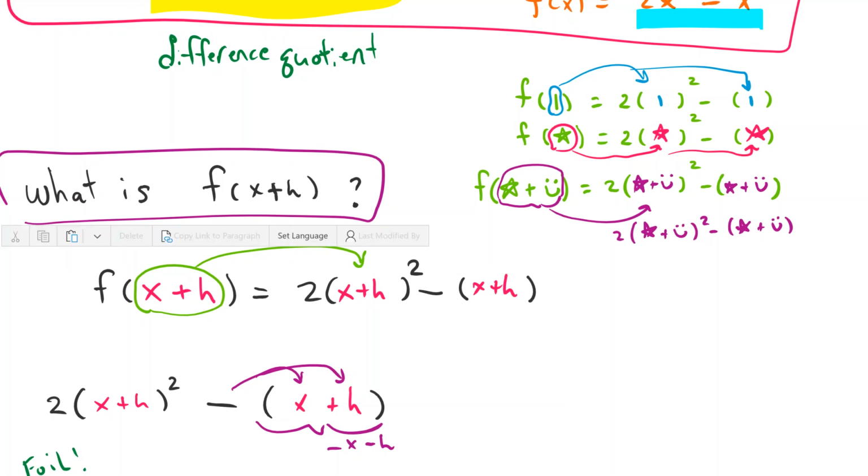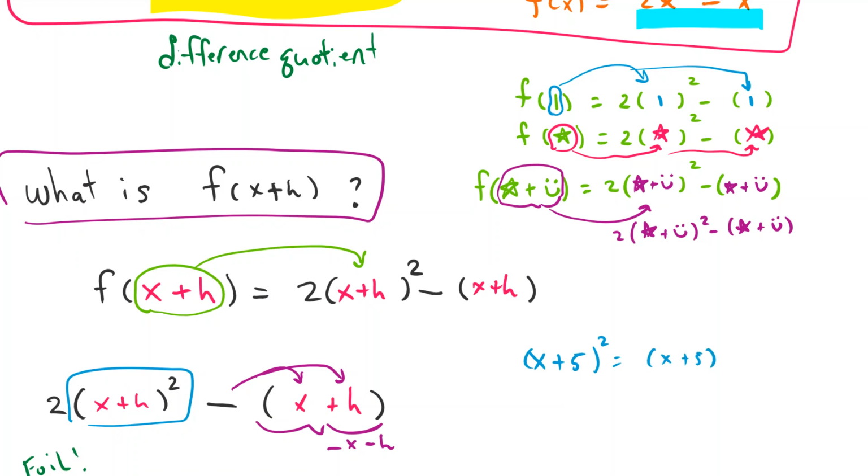And what are we going to do with this here? How do we handle the x plus h quantity squared? Well, how would you handle x plus 5 quantity squared? That's really x plus 5 times x plus 5 and you would FOIL, right? So that's what we're going to do. We're going to FOIL.